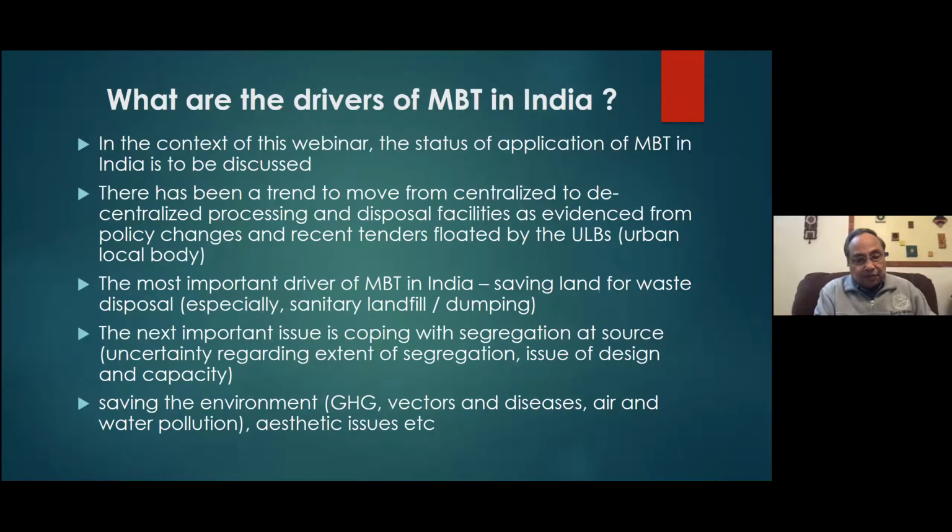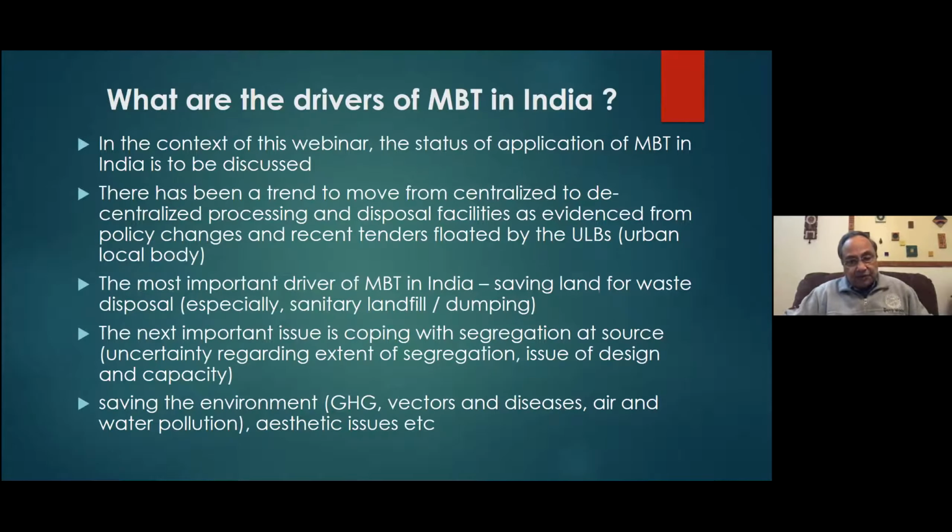The most important driver of MBT, which my learned colleagues have already discussed, particularly for India, is saving land for waste disposal. Because as you saw, the total generation of waste is huge, so saving of land is very important. Particularly if we can save land from dumping or even sanitary landfill, then it would be a great achievement.